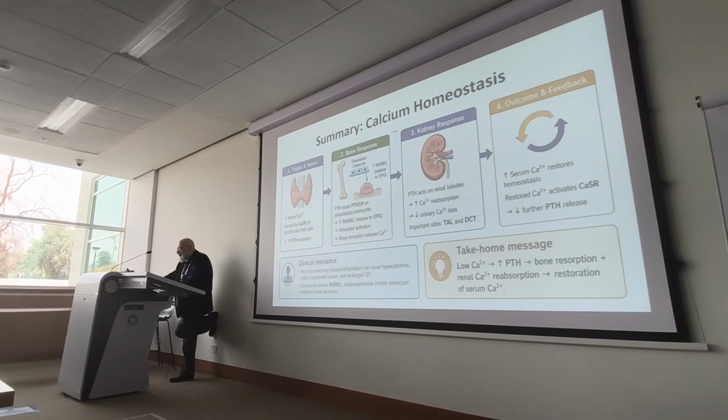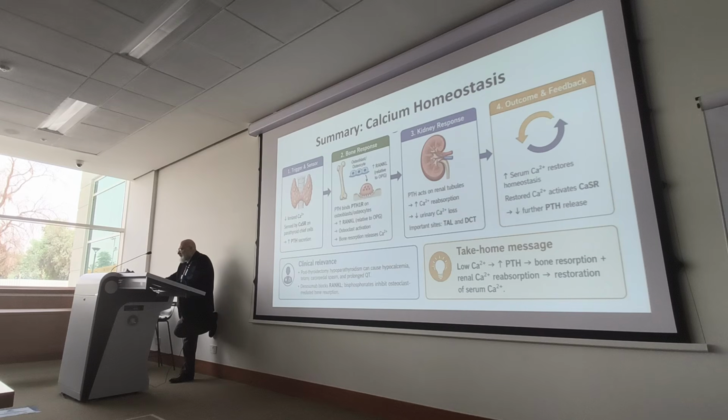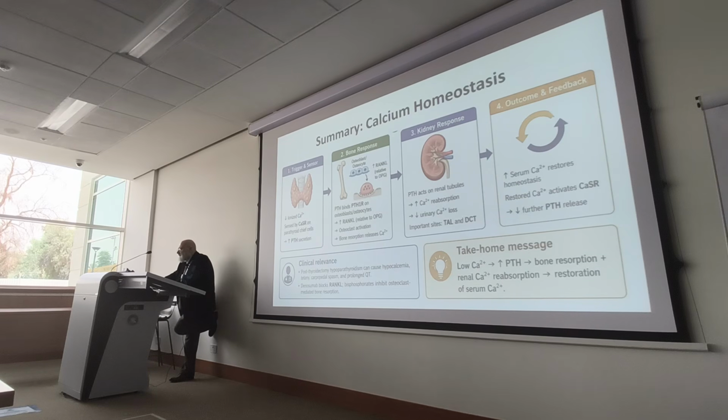They also work on the kidney to increase calcium reabsorption and decrease loss. They increase the reabsorption through two mechanisms: one paracellular, through the ascending limb of loop of Henle, and one transcellular, through the distal convoluted tubule, where TRPV5 opens and allows the calcium to go back into the circulation.